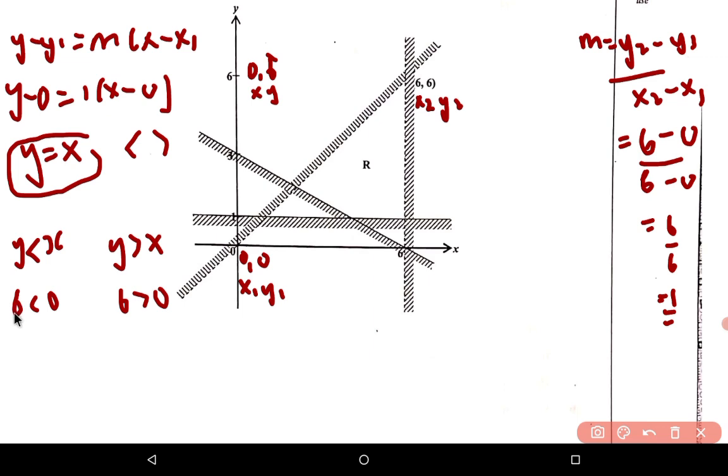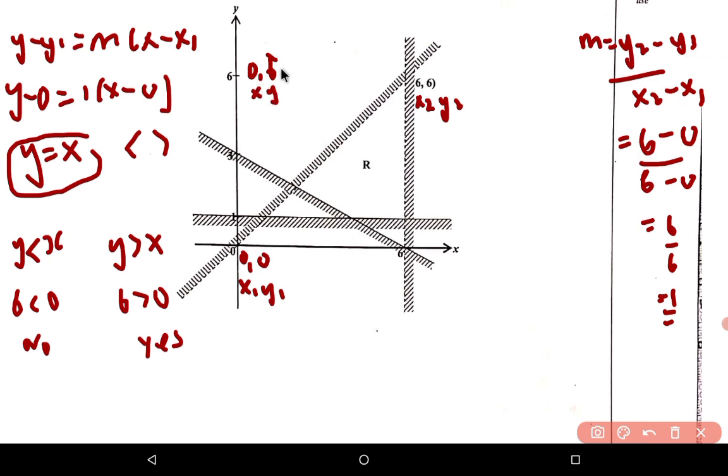So 6 is less than 0, this is not true. 6 is greater than 0, this is true. So if this is true, it means that this part was shaded. Was it shaded? Yes.